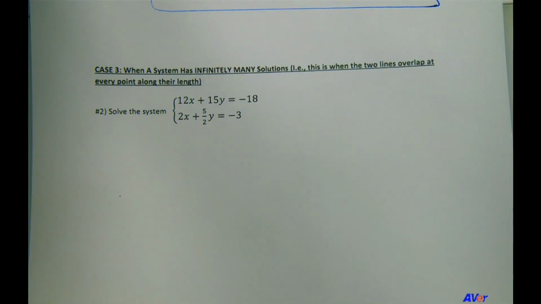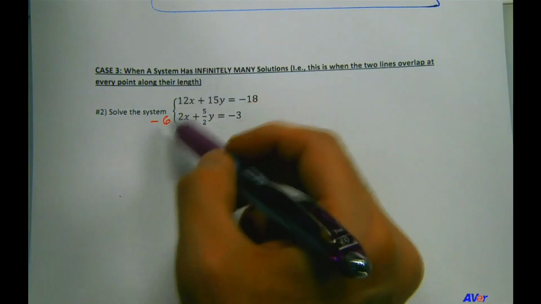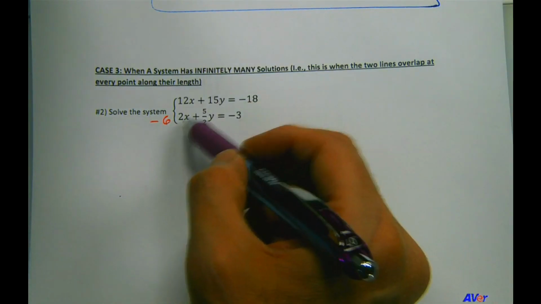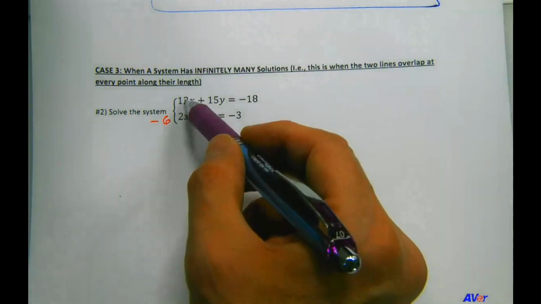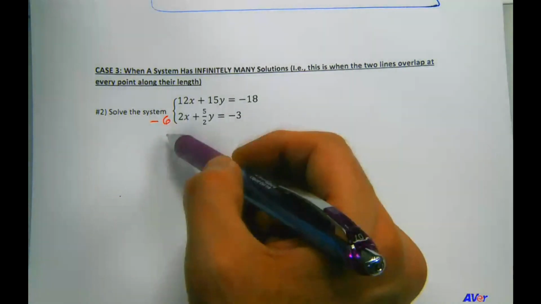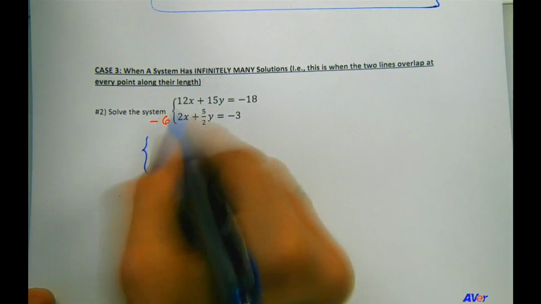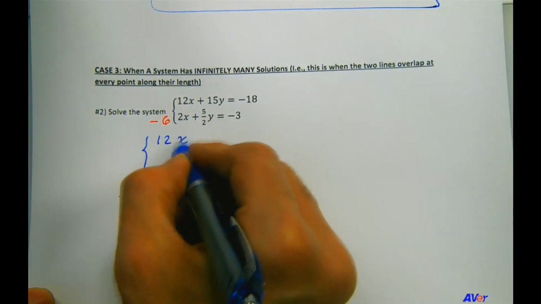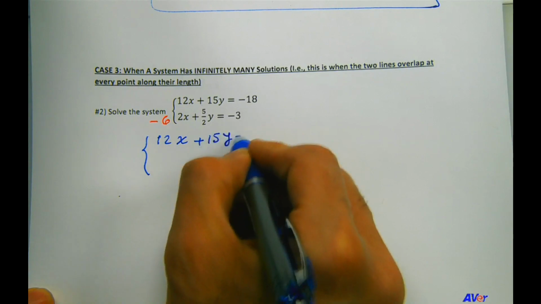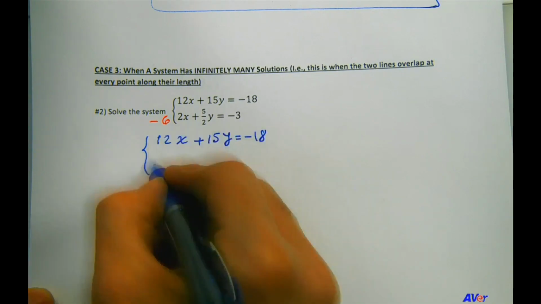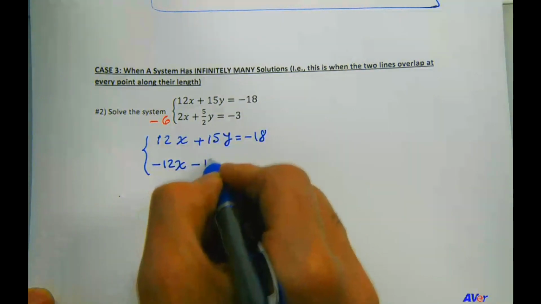So I'm going to multiply the bottom equation by minus 6, because I know once I distribute minus 6, I get minus 12x as the coefficient of x, plus 12x, they add up to 0, right? Okay, so the top equation for now stays the same, 12x plus 15y equals minus 18, minus 12x minus 15y, right?